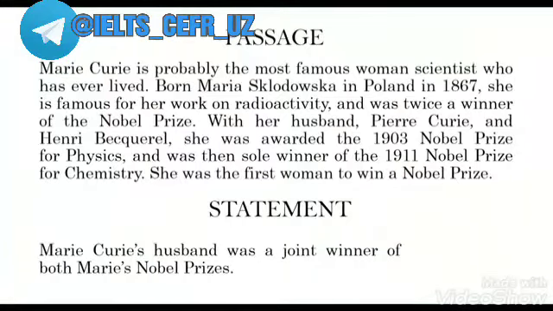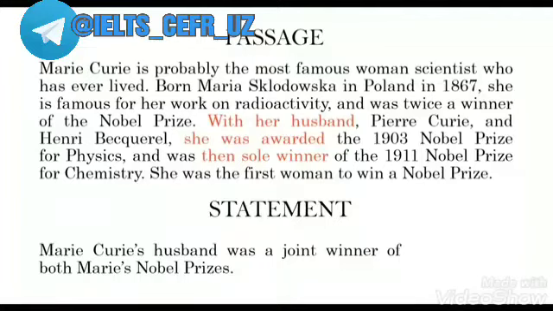Now let's go to the practice with actual IELTS tests. And here we have a passage and a statement. The statement says that Marie Curie's husband was a joint winner of both of Marie's Nobel Prizes. If you take time to read the passage, you'll know that with her husband she was awarded the Nobel Prize in 1903, but in 1911 she was the sole winner of the prize.